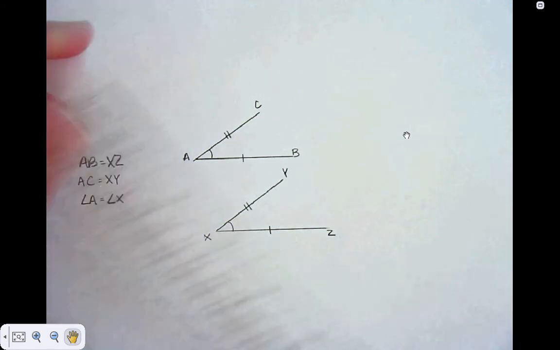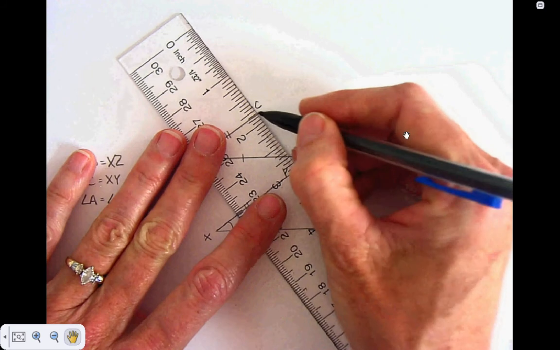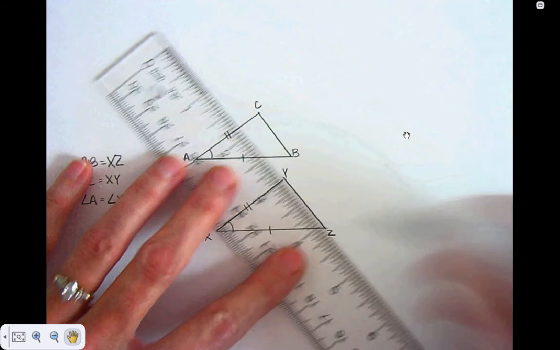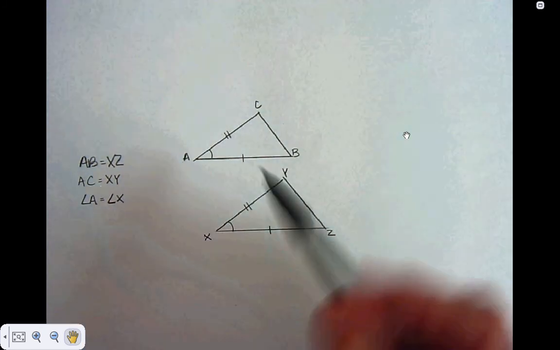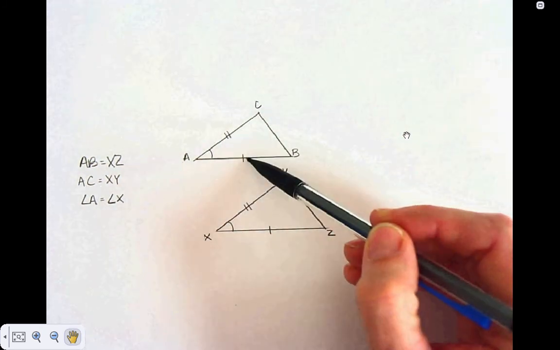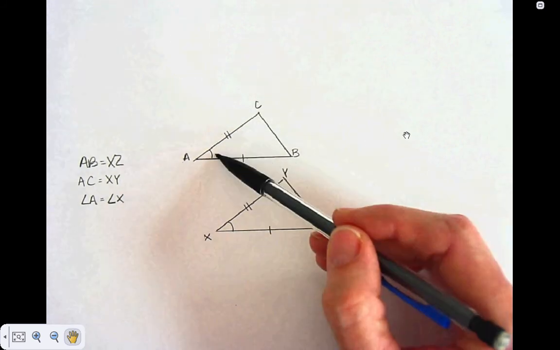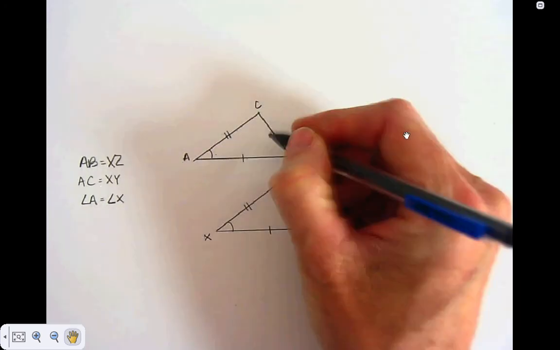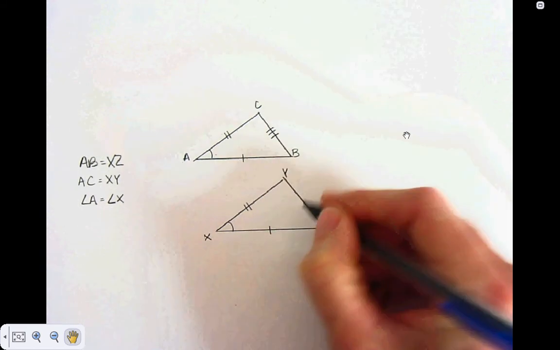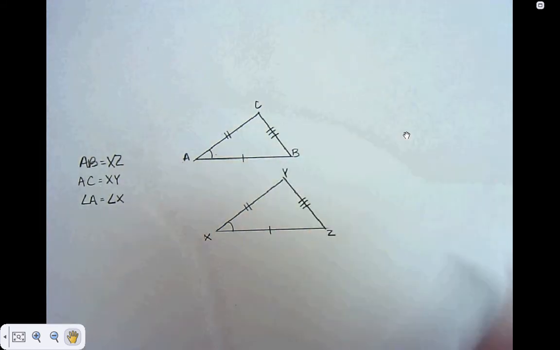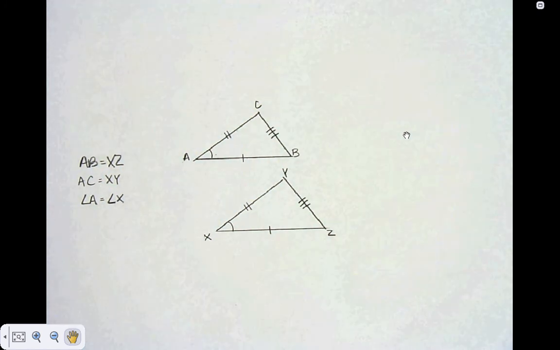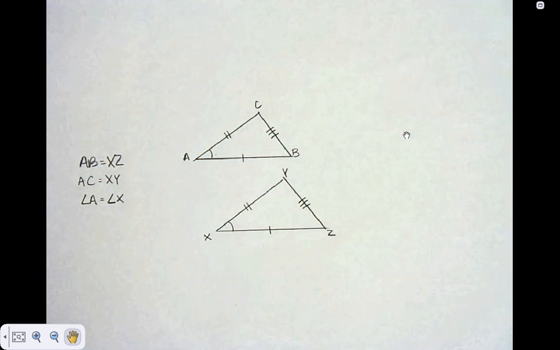Then that leaves us with drawing the last part of our triangle, which is connecting Y to Z. But based on the fact that we have 2 sides and an included angle, that is one of our conditions for unique triangles. So that means that these triangles have to be identical. And you can go ahead and finish up. These are going to be different side lengths also, so we can just go ahead and mark those as a different side length.